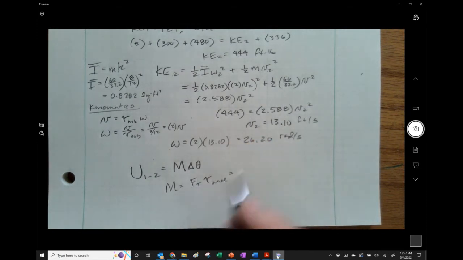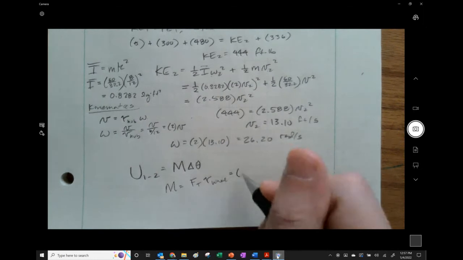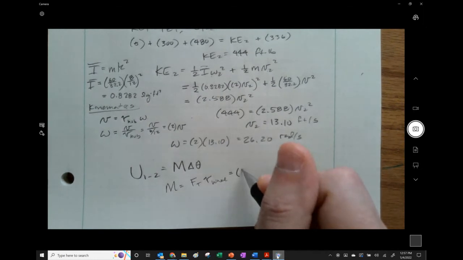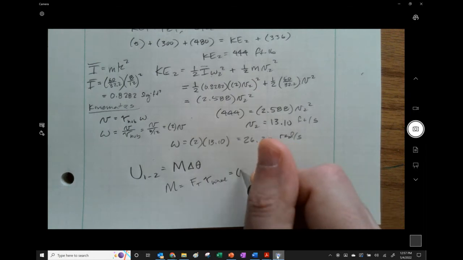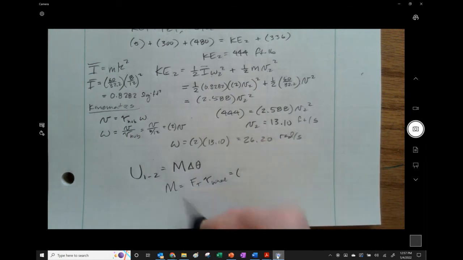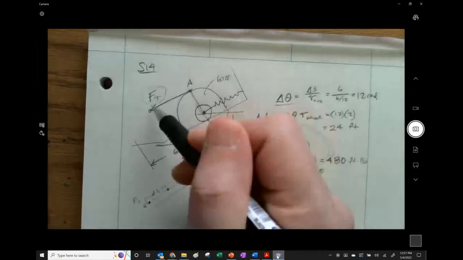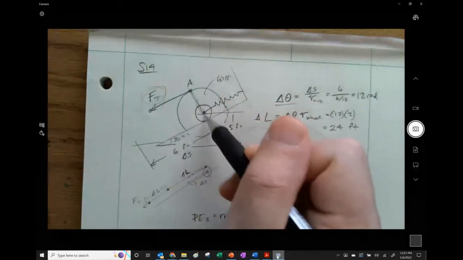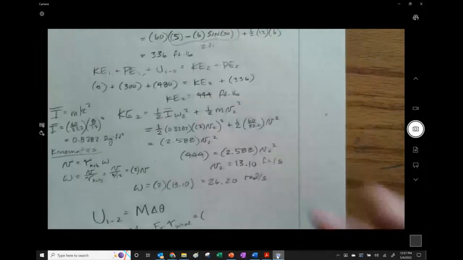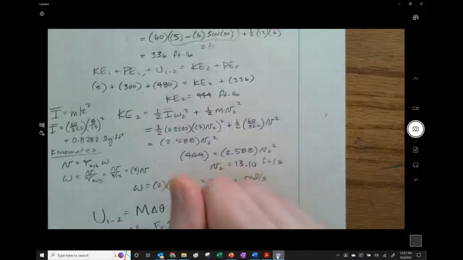The moment that's being placed onto this thing is that tension. Interesting. And I can't think of a reason why this wouldn't be true, that we're applying an external moment, which is essentially what we're doing here. We're taking this force. Oh, here it is, right here. Yep, it is not that. Okay, there you go.